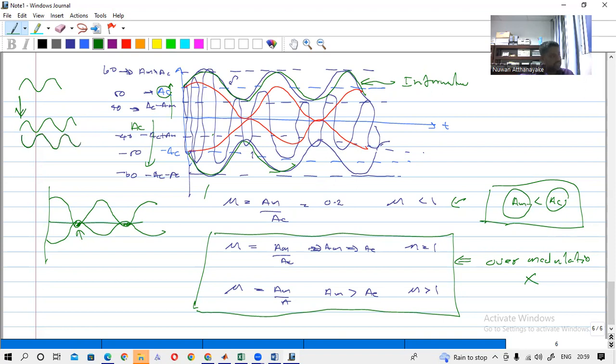So what you have to do, you can shift it by minus AC and you have to invert it. That means you have to multiply it by minus. If you multiply your signal by minus 1 and add minus AC value, you will get this envelope, the lower part of the envelope.